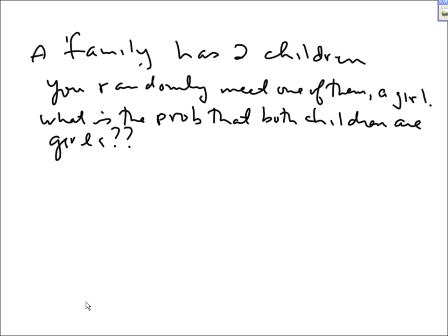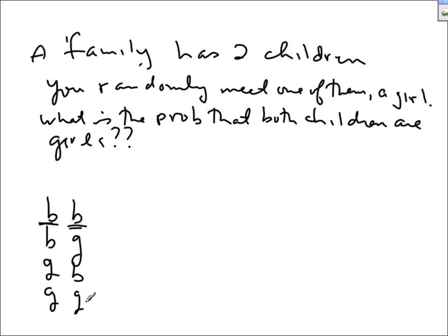Now, remember, you can do this problem, and we did do this problem using conditional probability, where we just looked at the reduced sample space. Since you have 2 children, firstborn, secondborn, there are 2 options for each position, boy, girl. 2 times 2 is 4.